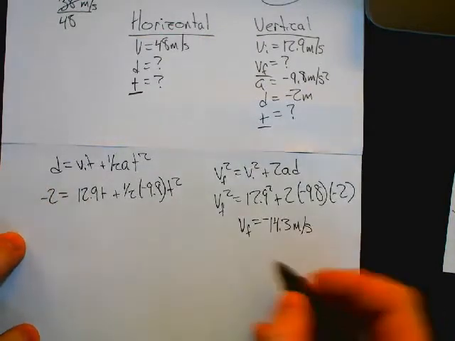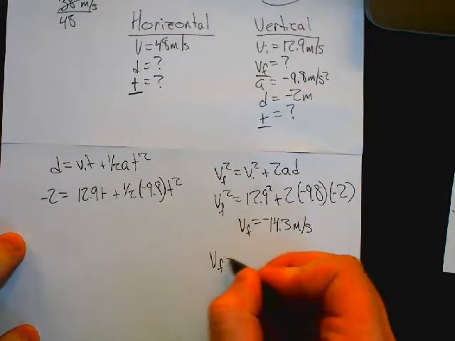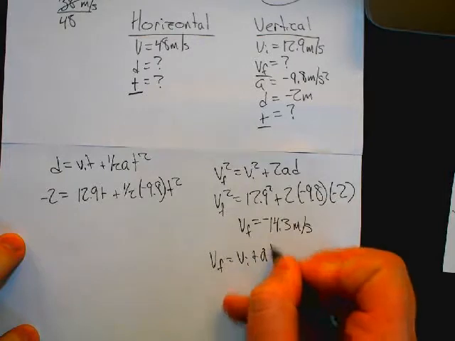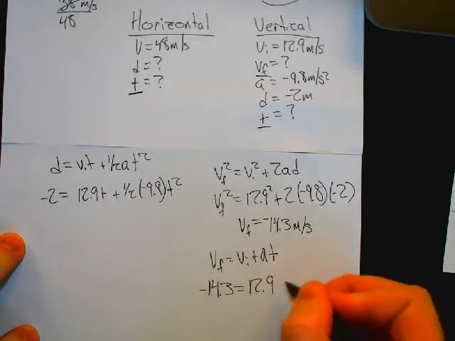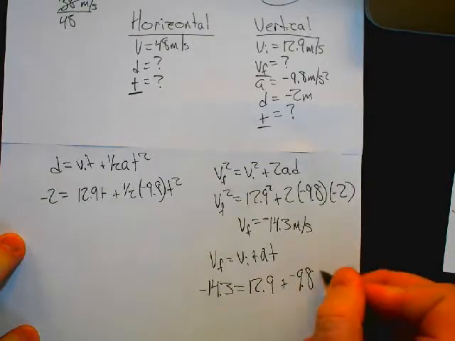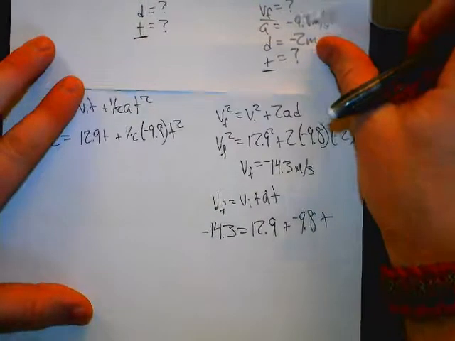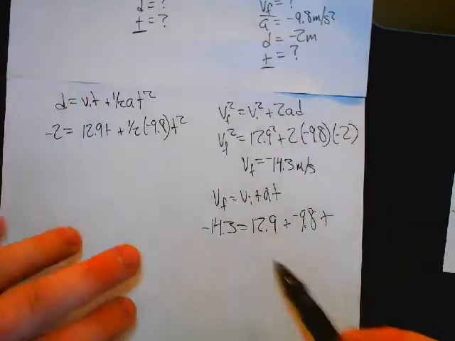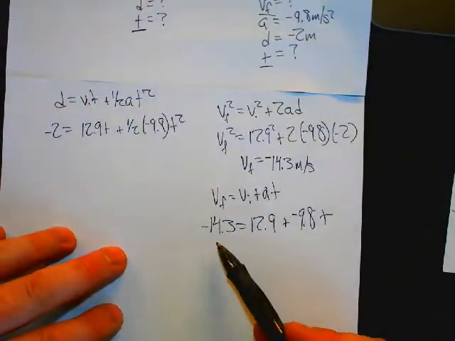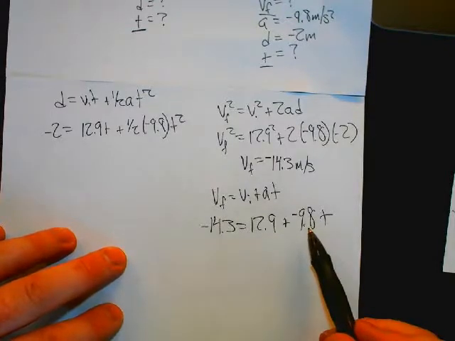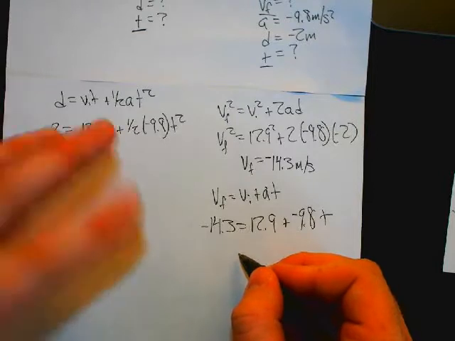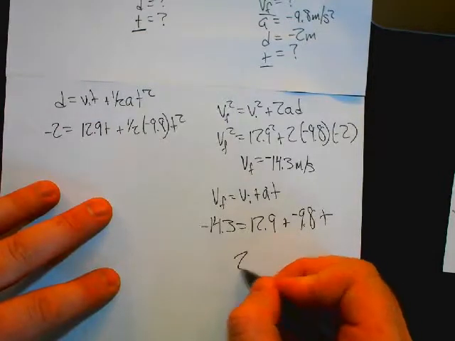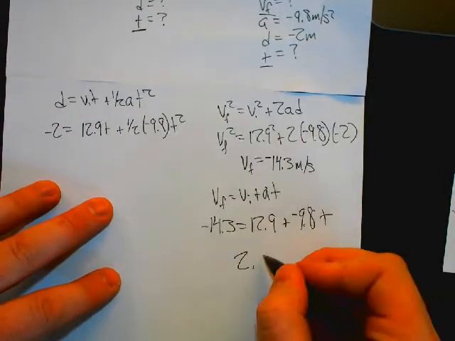Okay, and then I would follow through with VF equals VI plus AT. Negative 14.3 equals 12.9 plus negative 9.8 times T, and I can find my time value. So negative 27.2 divided by 9.8, I'm going to get 2.65. 2.76.